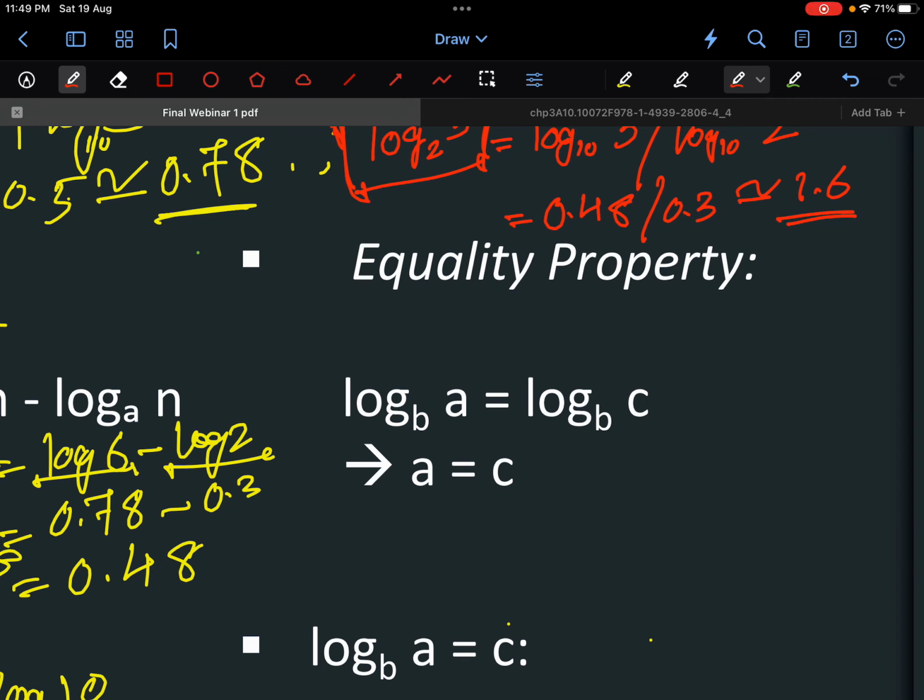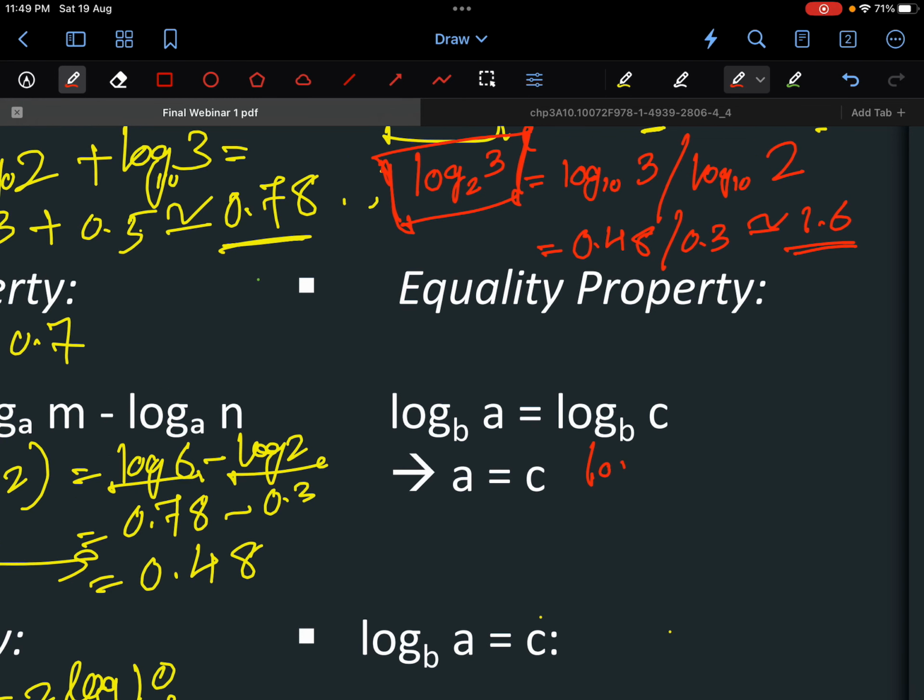Okay, so when there are two log values, that is log a with base b and log c with base b, the same log with the same base, then a equals c. Let me explain with an example: log 3, the base is 10. I don't need to remind you again and again. Log, let's say 3 into 1, so that it makes sense, right?